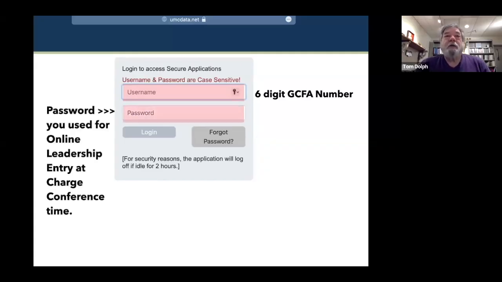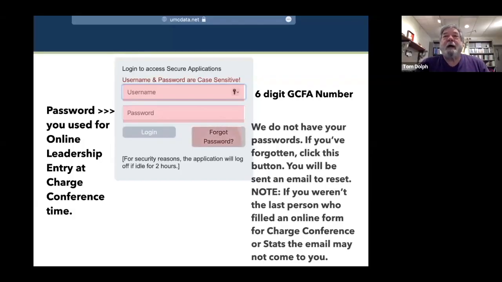Once you've entered that, the password is unique to your church. It is the same password that you use to enter the online leadership for the charge conference forms. We do not keep those passwords. So you can't call us and ask for the password, but you can click that forgot password, and that will email the people who run this app for us, and they will send an email with your password or a reset option.